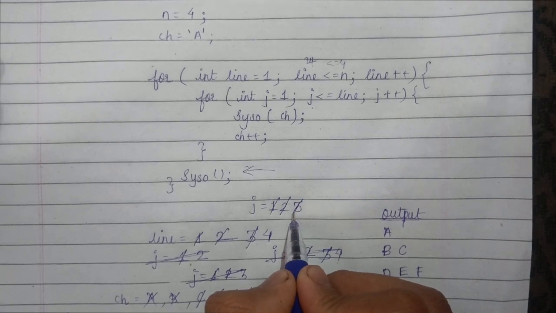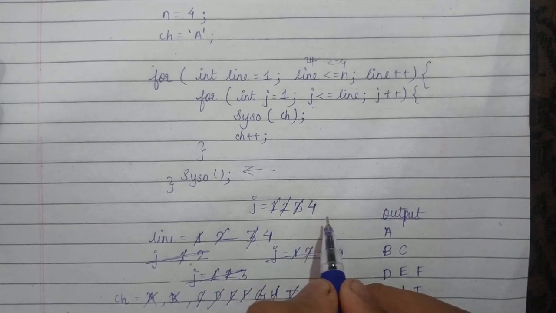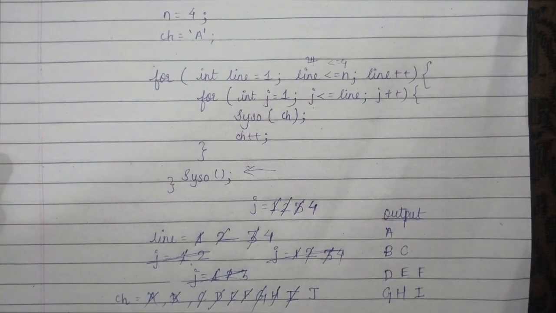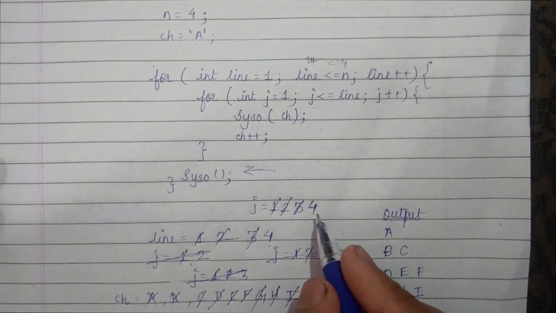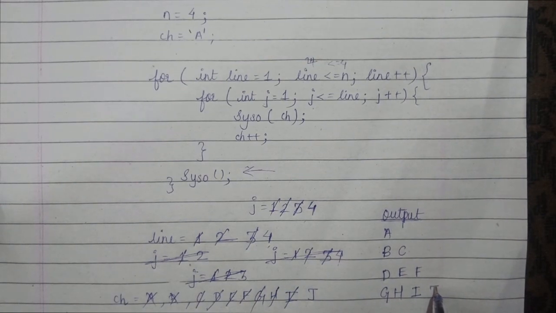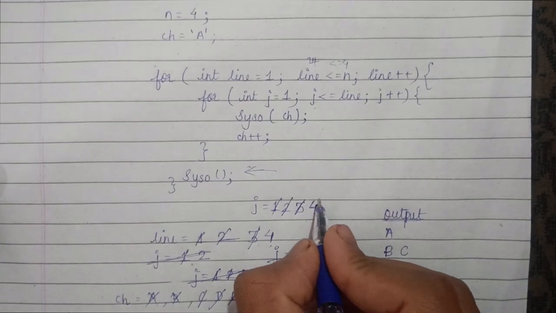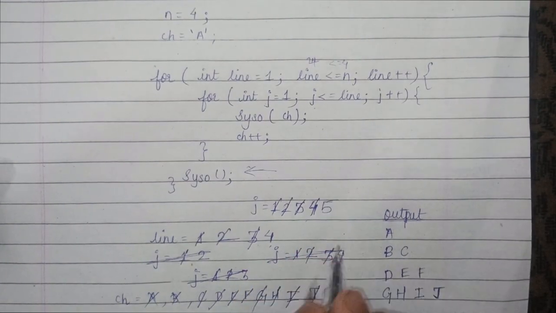Now j's value has been updated. Now j's value is 4 here. Is 4 less than or equal to 4? The condition will be true. Then it will print the character J and update it. j's value is 5 now.